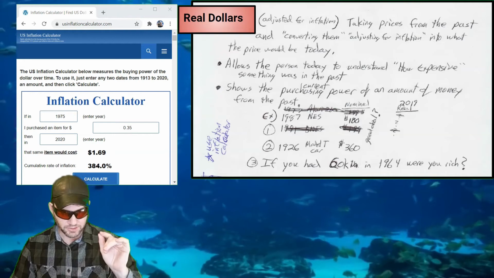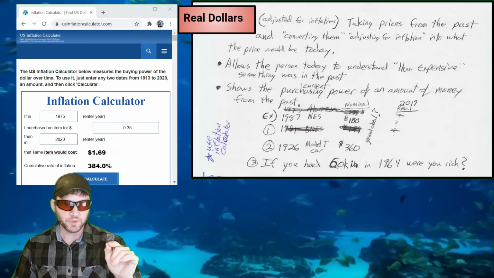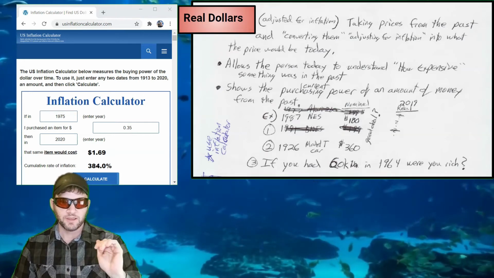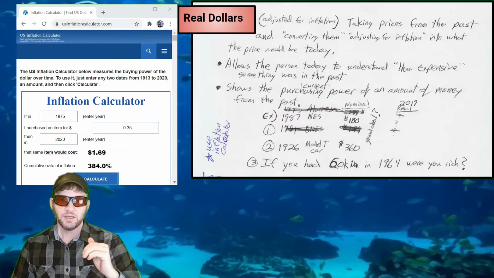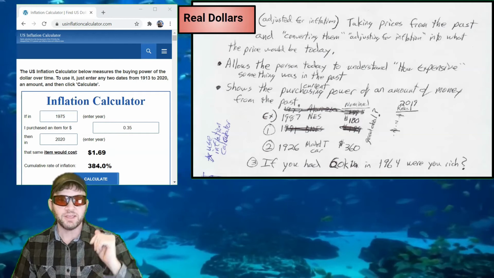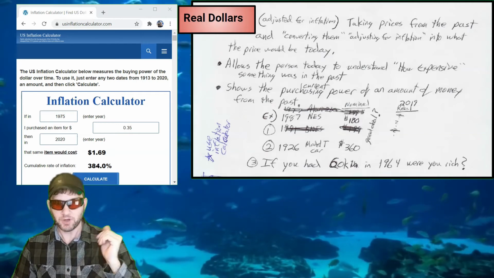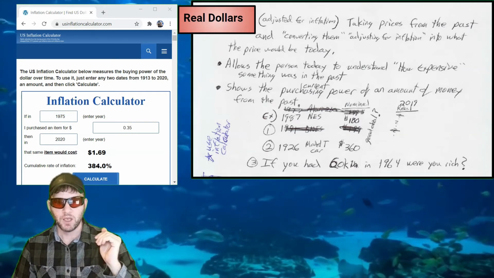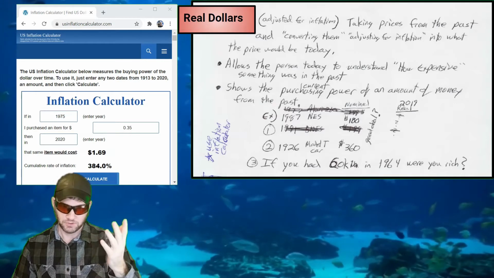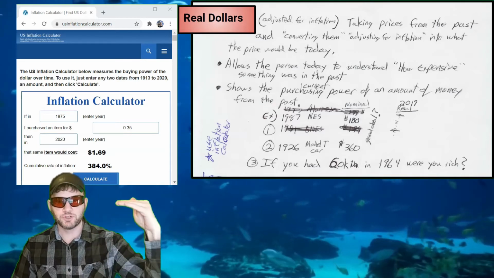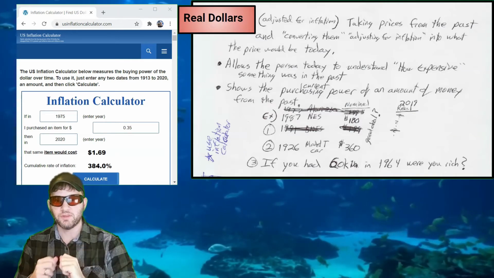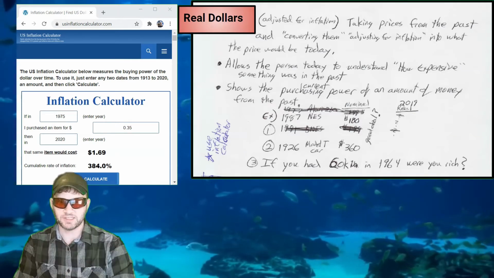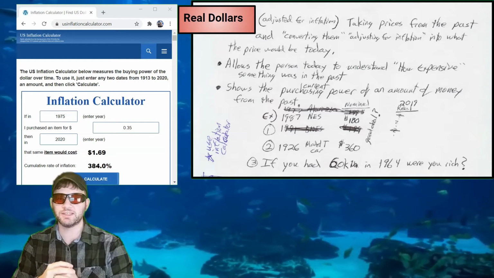Now, there's a little interesting thing that we are assuming here. We're assuming that we're both making about the same amount of money when we do this sort of thing. And interestingly enough, from around 1975 all the way up to current, the average wage has stayed with inflation, okay? So the average worker in 1975 had the same purchasing power.